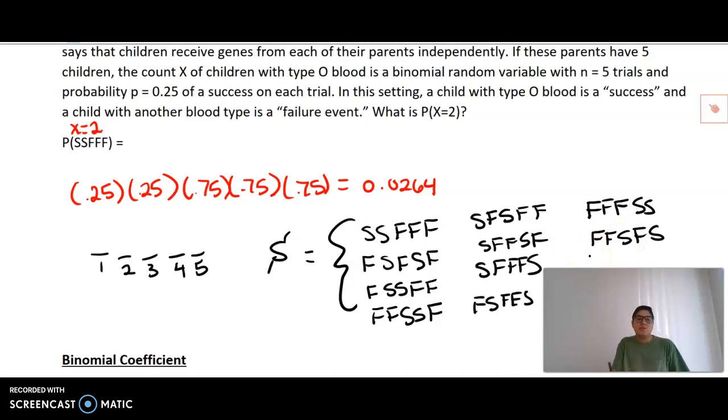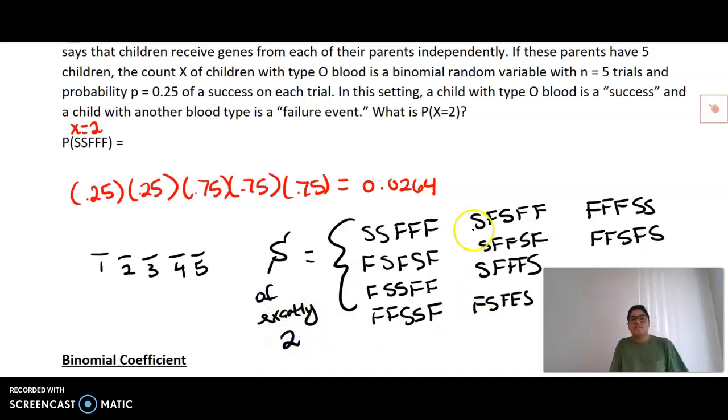So this is true, regardless of which combination I use, the probability will be 0.0264. Now, this assumes that these are not the only outcomes, right? Because maybe all 5 of them have it, or maybe all 5 of them do not have it. I'm just looking at the instance in which only 2 of them have it. So this is going to be the sample space of exactly 2.